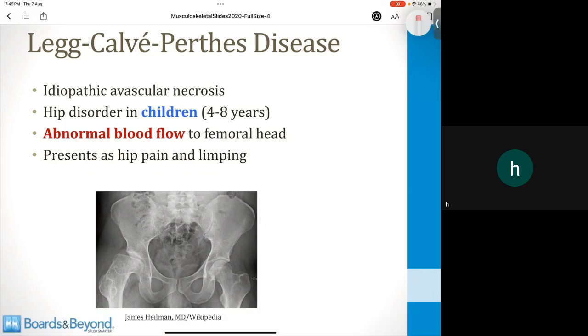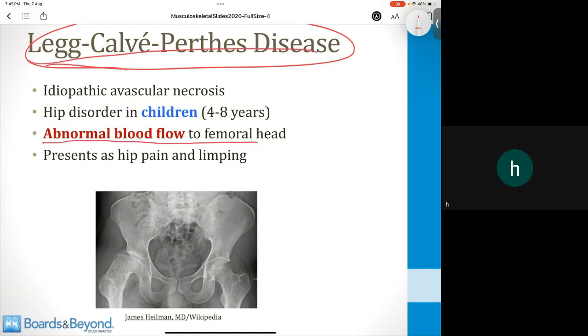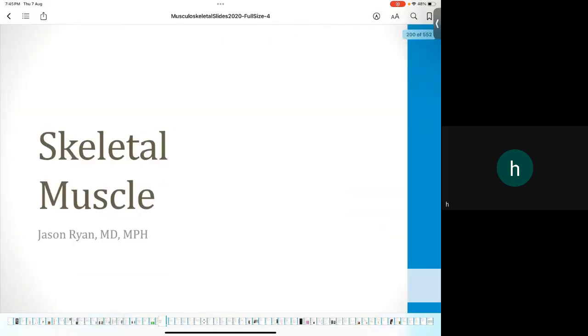We have given it a really complex name, Legg-Calvé-Perthes disease. So whenever we have avascular necrosis in children, where the head of the femur gets necrosed, that's called Legg-Calvé-Perthes. It's going to present as hip pain and limping, right? So you can see it here.